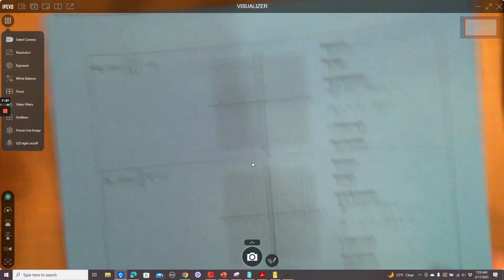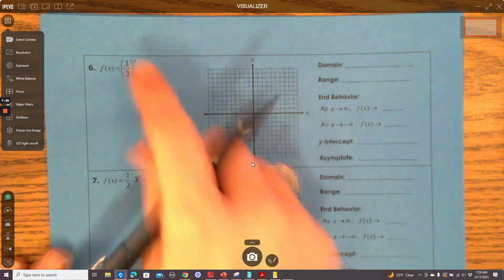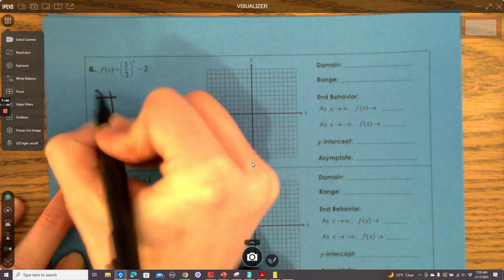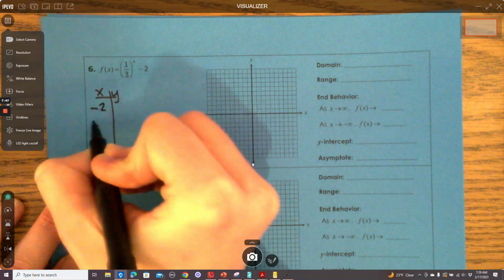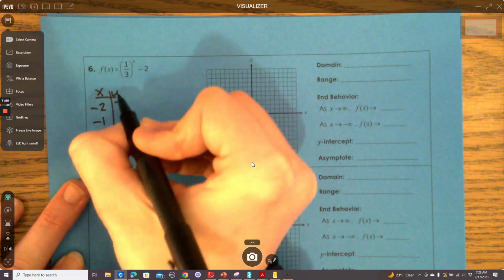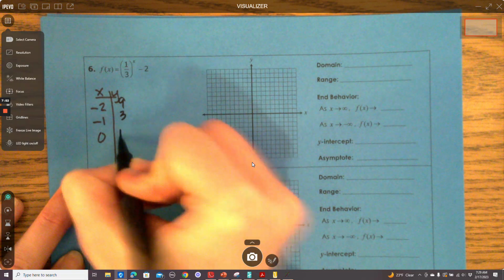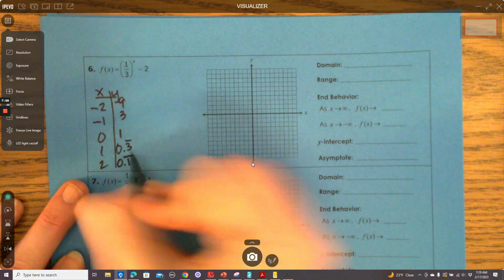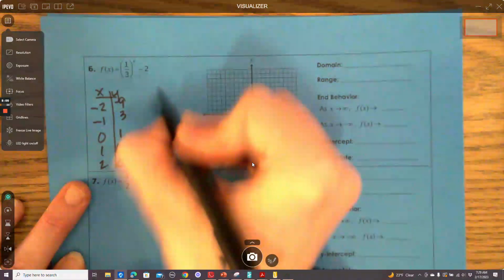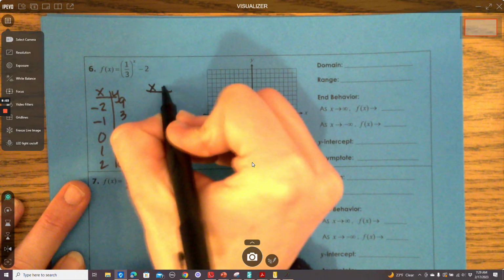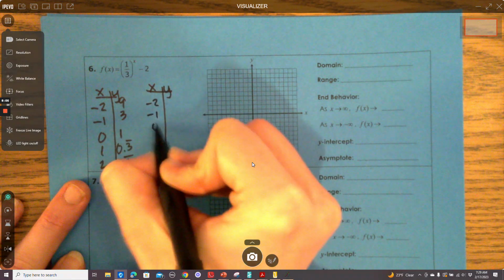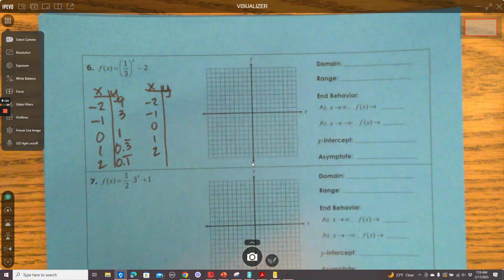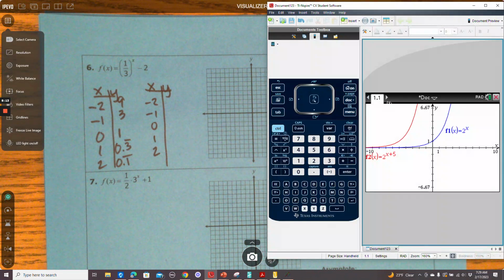So here we've got (1/3) to the x minus 2. So (1/3) to the x, that's our original function. So again, if I make a little table here: negative 2, negative 1, 0, with values 9, 3, 1. And then if I make a table for the transformation, so what's happening here, negative 2, hang on, let me pull that one up, I can't read my notes.